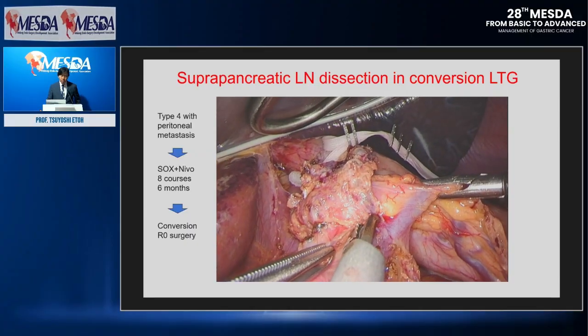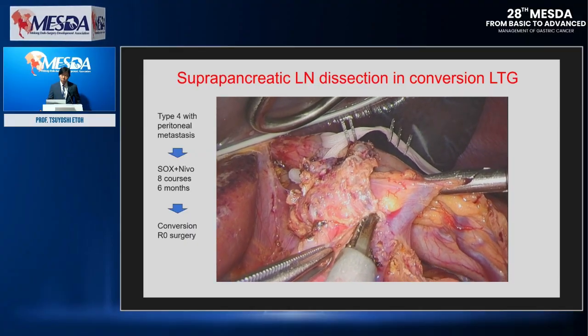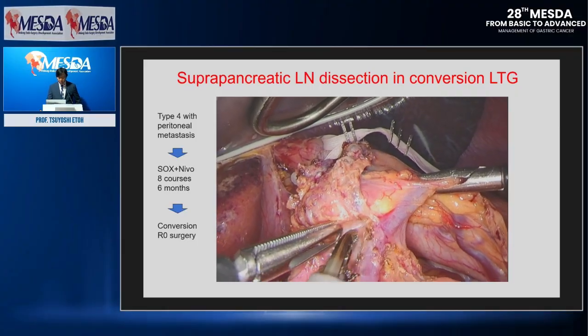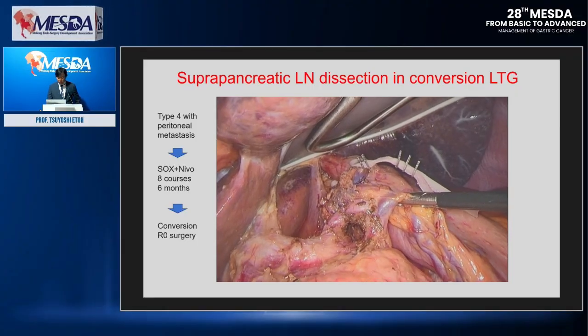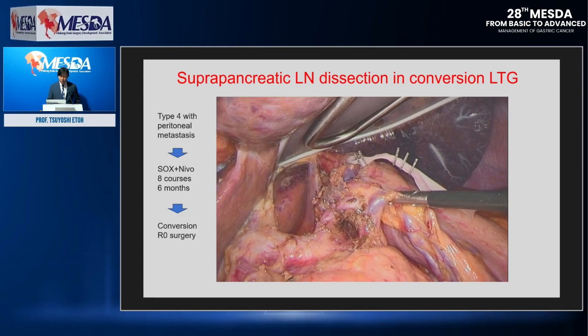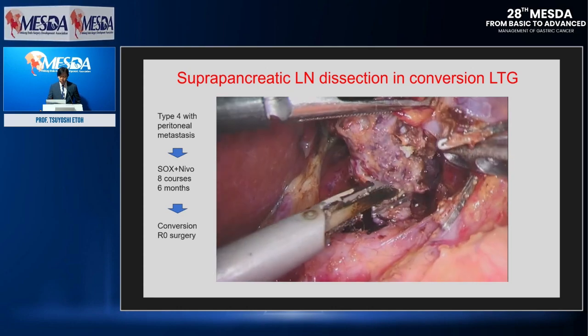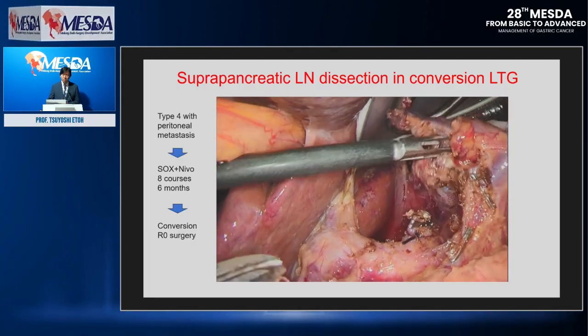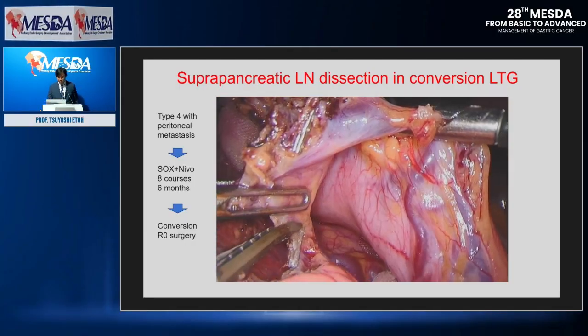And again, the important thing is working one by one, step by step. When we do that, there's no bleeding. So we call it white surgery, no bleeding. Not red, white surgery.